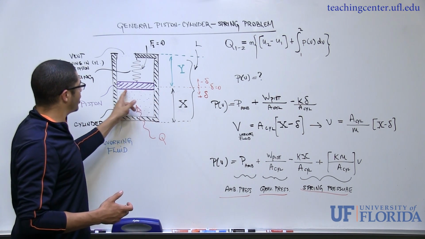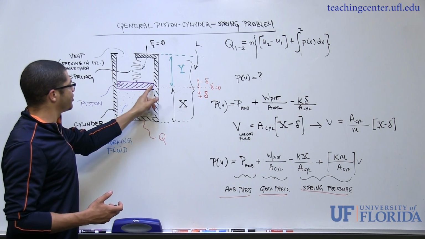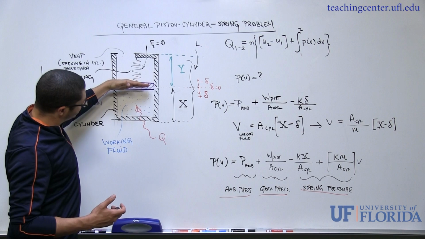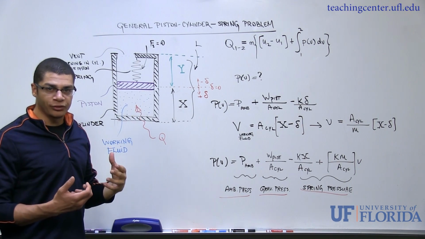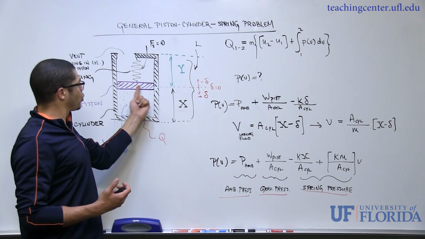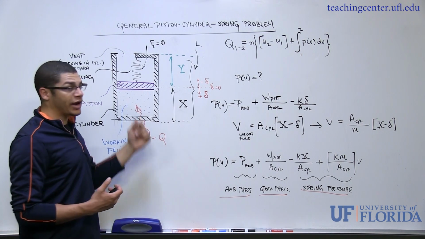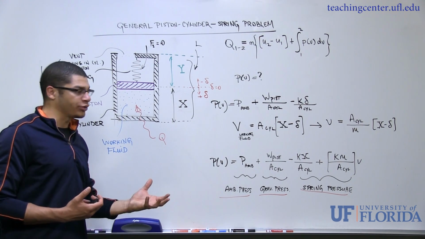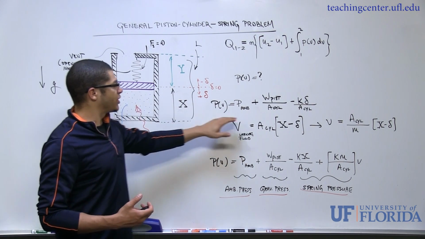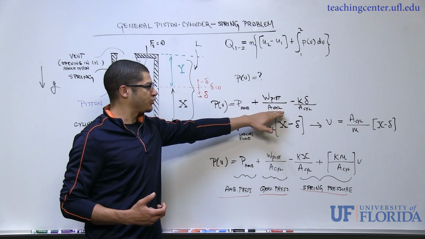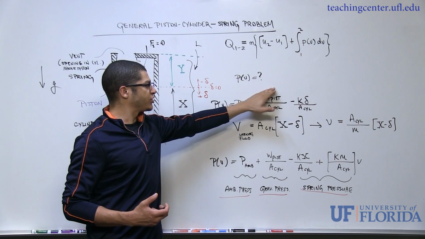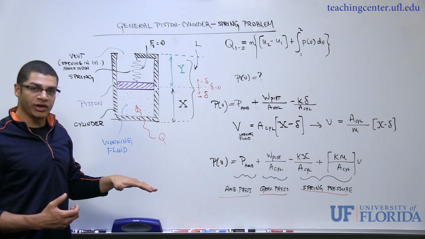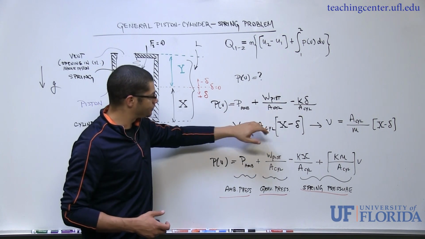We've got a gravitational force that is being transmitted as a body force to the piston itself, and the piston is supported by the working fluid. This force, if we divide it by the wetted area or cross-sectional area of the cylinder, we get a gravitational pressure that's applied. And this is actually the second term in this expression. So the weight of the piston, the gravitational force, divided by the area of the working fluid that's supporting it is going to give us a gravitational pressure.